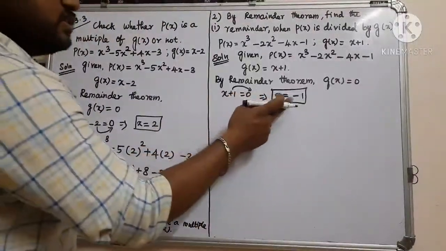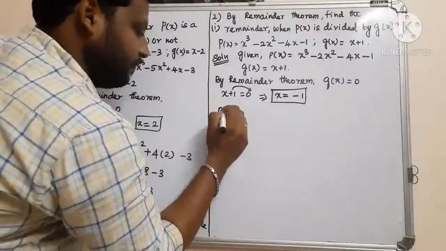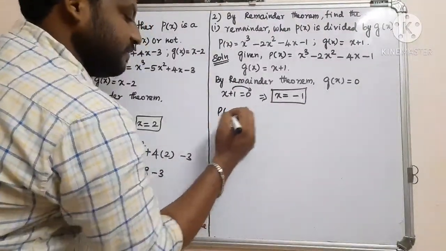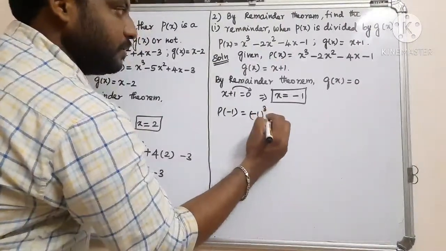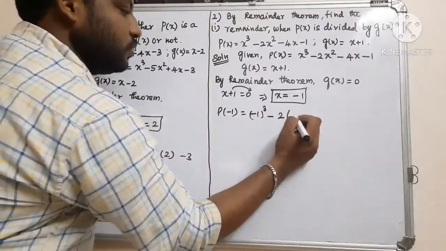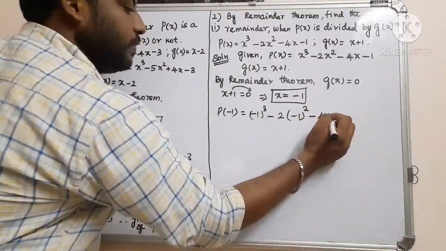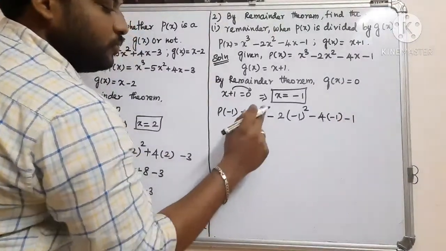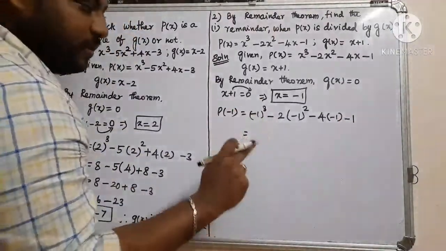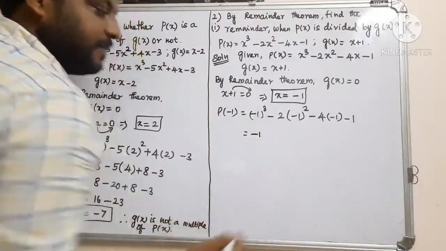So instead of x, you should substitute the value minus 1 in p of x. So p of minus 1 is equal to minus 1 cube minus 2 into minus 1 square minus 4 into minus 1 minus 1. So minus 1 cube: 1 cube value is 1, so minus 1 means you have to write minus 1.